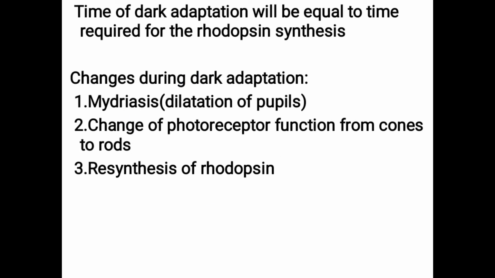So what are the changes? Mainly rhodopsin synthesis. Dilatation of the pupil, change in photoreceptor function from cones to rods, and resynthesis of rhodopsin are the three changes that take place during adaptation.